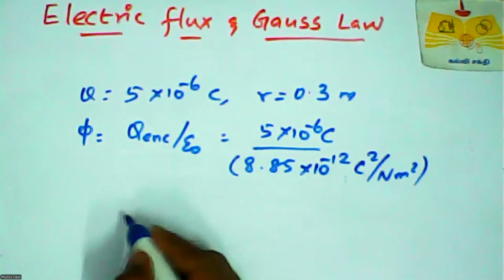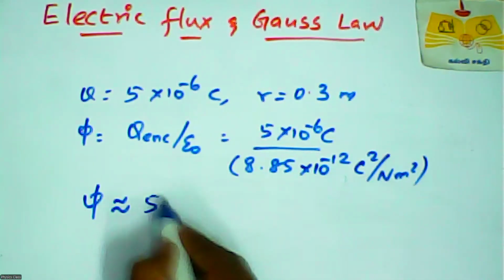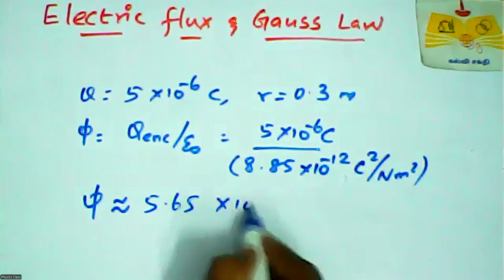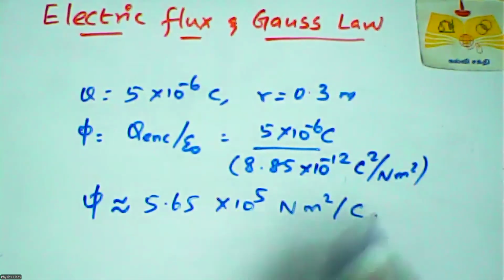So we will get approximately 5.65 into 10 power 5 Newton meter square per coulomb. For the 5 microcoulomb, we get 5.65 into 10 power 5 electric flux. Clear? So this is problem number 1. Then next, problem number 2.